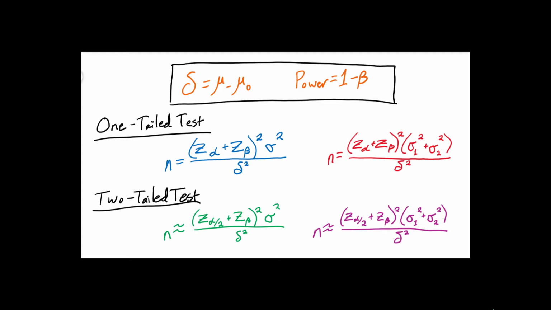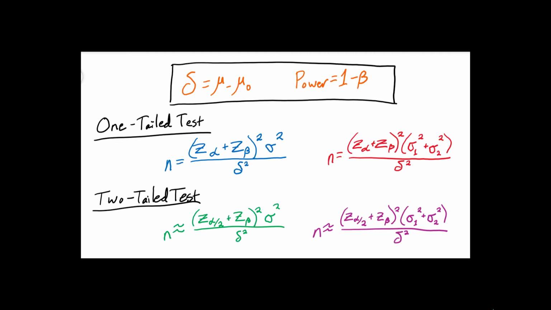Now remember, beta is the probability of a type 2 error. And for the type 2 error, we couldn't do that unless we picked a specific value for the mean to fall in our alternative hypothesis range of values.